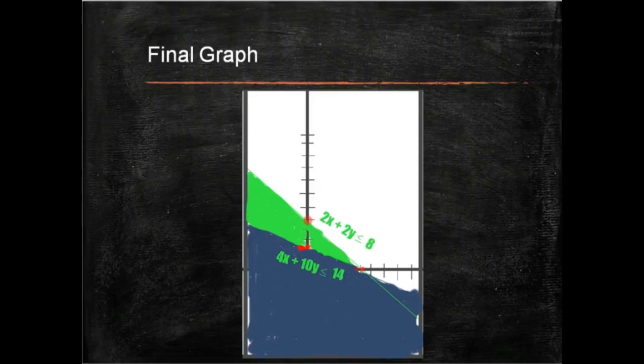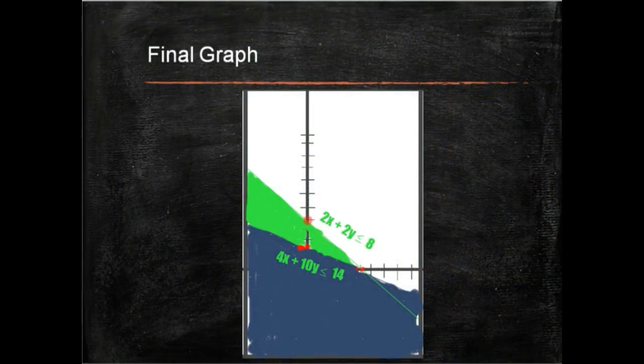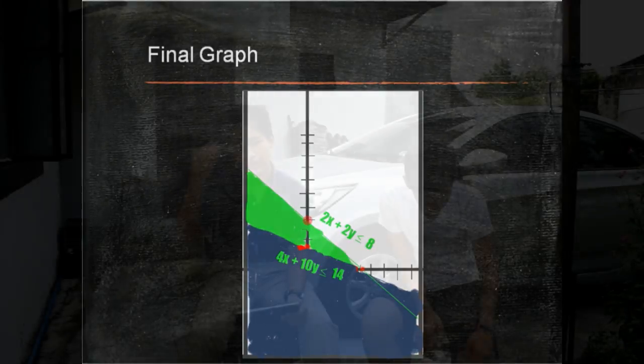That's the final answer. Let's graph that. I know I don't have the greatest photoshopping skills, but I think you get the idea. So yes, it intersects. You got the green, which represents 2x plus 2y is less than or equal to 8, and you got that purple line, 4x plus 10y is less than 14.